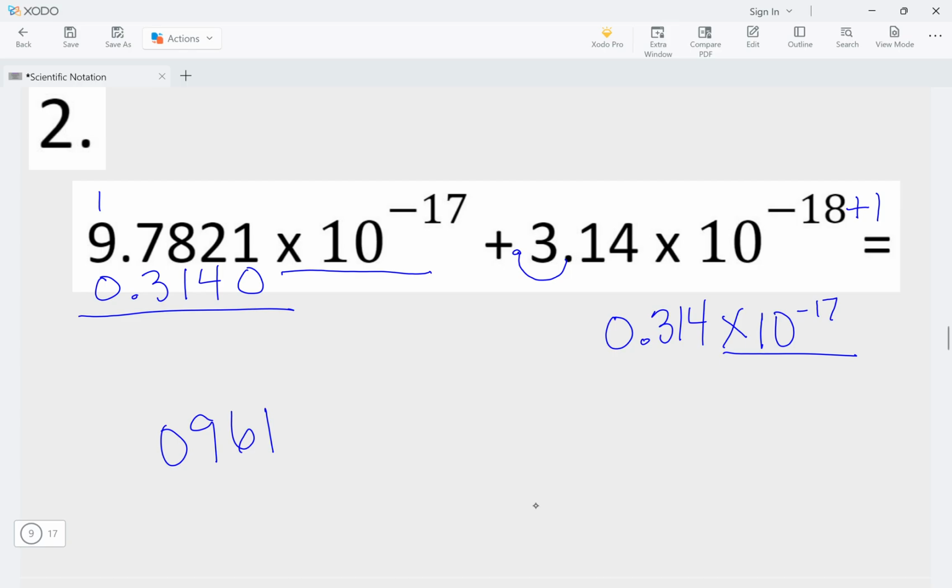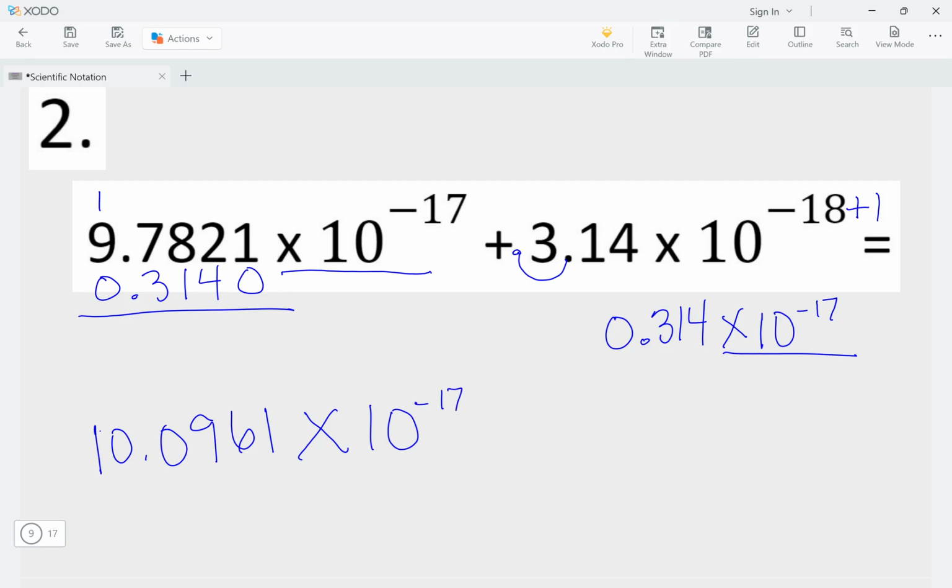Carry the 1, and I have 10.0961. Now, that's not in scientific notation, so I have to make sure that I fix this. First, let's finish writing this. This is going to be 10 to a negative 17th power.